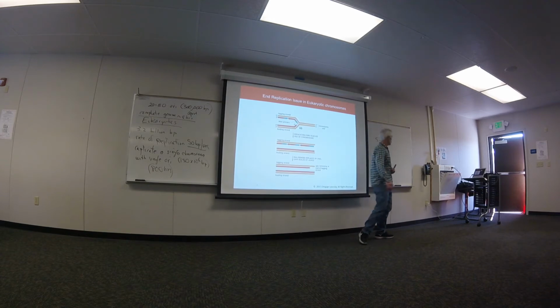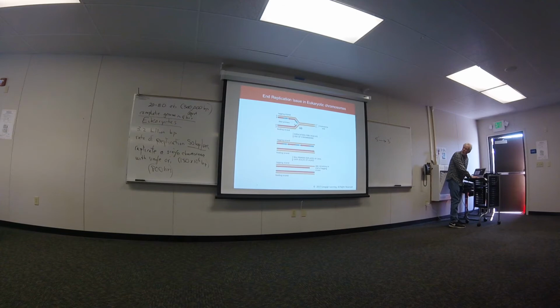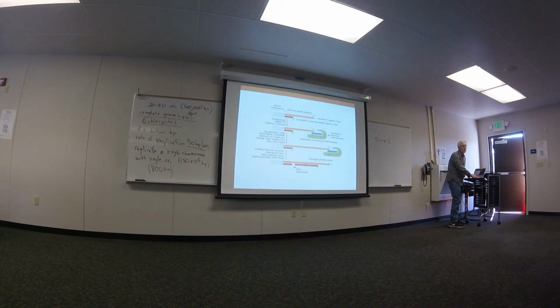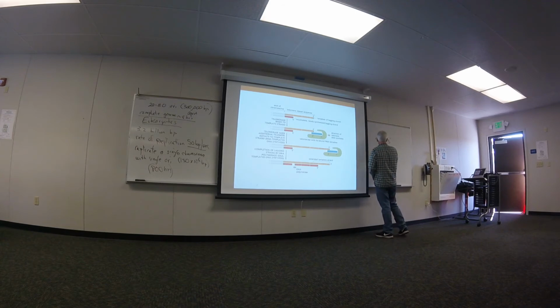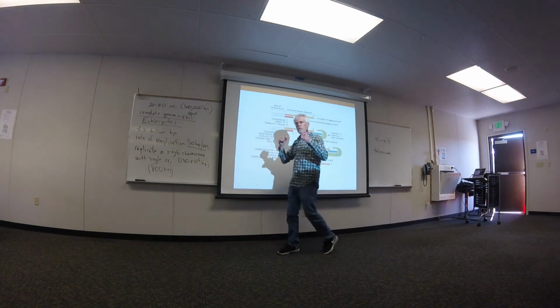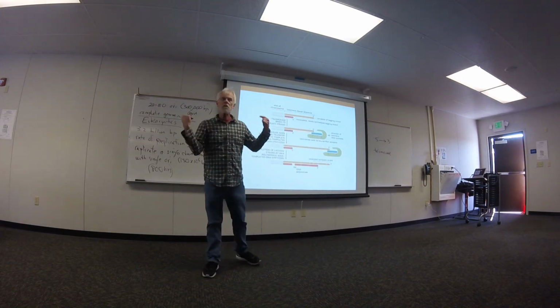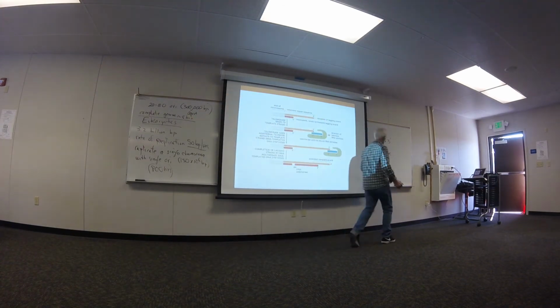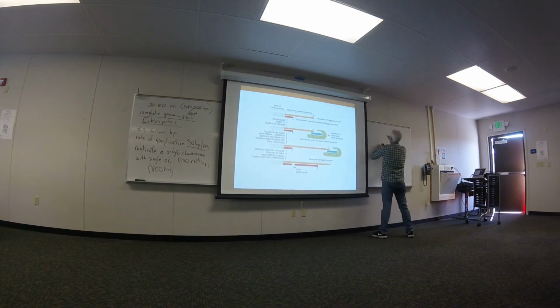Okay. So instead, to deal with this end replication problem, there's a special enzyme we have called telomerase. Okay? And it turns out that the DNA sequence at the end of the chromosomes is a special, repetitive sequence. Okay? So at the end of eukaryotic chromosomes, there are repetitive sequences.